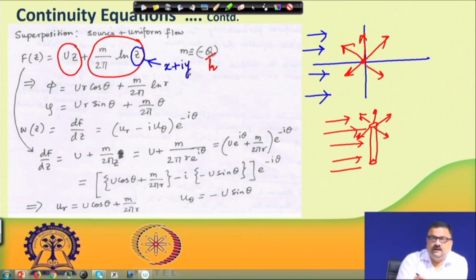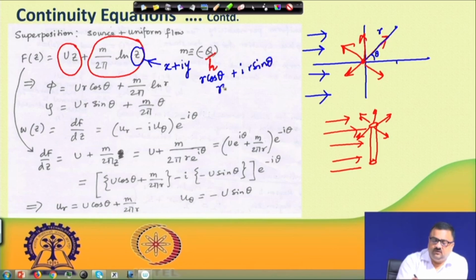So, x plus i y means it is r cos theta, right. So, we have x plus i y. So, this is r and this is x, this is theta. So, x is r cos theta, y is r sin theta. So, r cos theta plus i r sin theta.